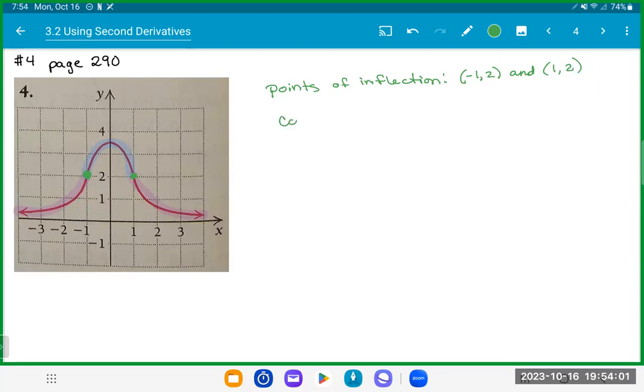I will be concave down on the interval, concave down. This is where I'm down right here. So that is from -1 to +1.